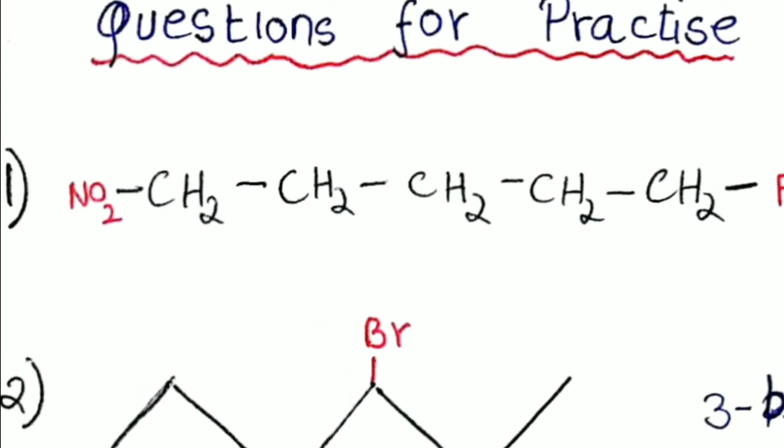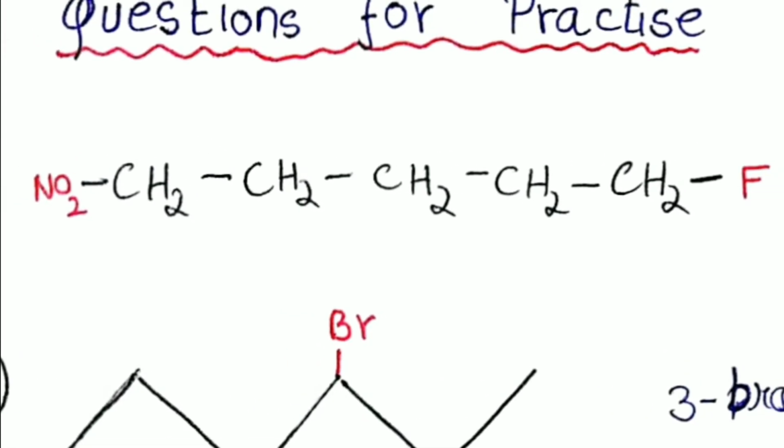Here we can see that our first compound has a 5-carbon principal carbon chain, and there is a nitro group and a fluoro group attached to it. So now all we have to do is decide whether to give the carbon consisting of the fluoro compound as the first locant, or whether to give that containing the nitro compound as the first locant.